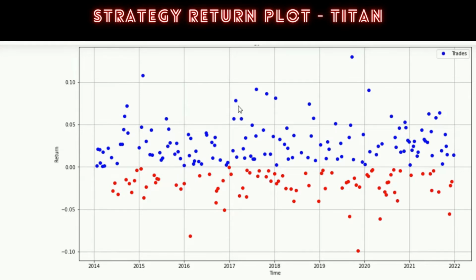If you take a look at this, 1, 2, 3, 4, 5, there were 5 trades which generated more than 5% of positive return, right? Similarly, 2021 to 2022, we had quite a few profit-making trades here, 3 of them generating more than 5%. We had a handful of loss-making trades which were under 5%, with the exception of this here, which generated a negative return of more than 5%.